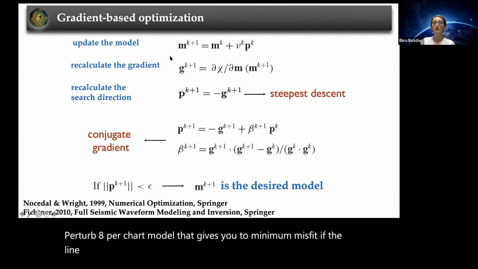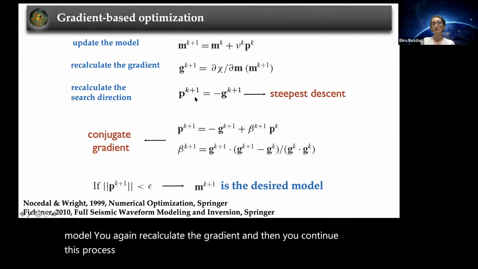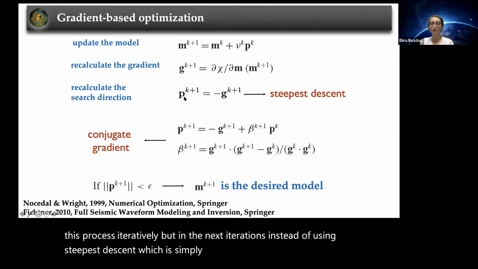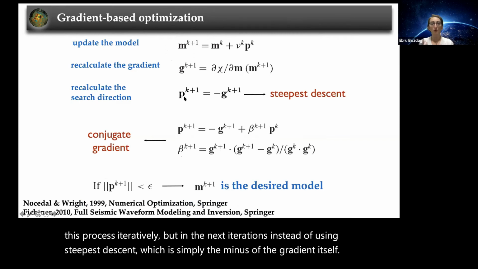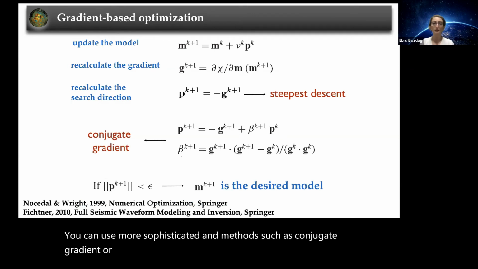Once you update your model, you again recalculate the gradient, and then you continue this process iteratively. But in the next iterations, instead of using steepest descent, which is simply the minus of the gradient itself, you can use more sophisticated methods such as conjugate gradient or LBFGS, which use more information from the gradients from the previous iterations as well.